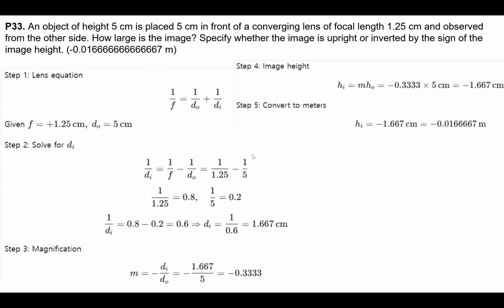So basically you have these equations here, and the magnification is nothing but this formula, and then we get this one. And from the magnification, this minus sign means the image is inverted.